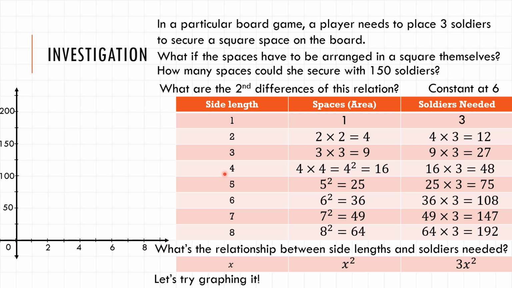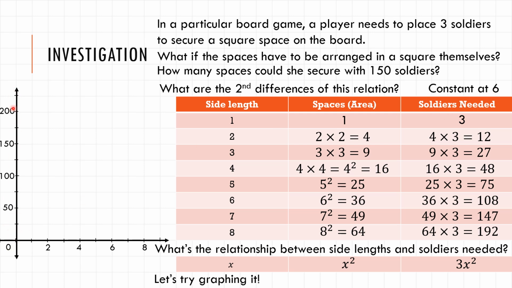I know that this is okay because my independent variable, the side length, which I will put at the bottom here, only goes from 1 to 8. And the number of soldiers that I need goes from 3 all the way to 192. So my y-axis, my vertical axis, is where I will plot how many soldiers I need.